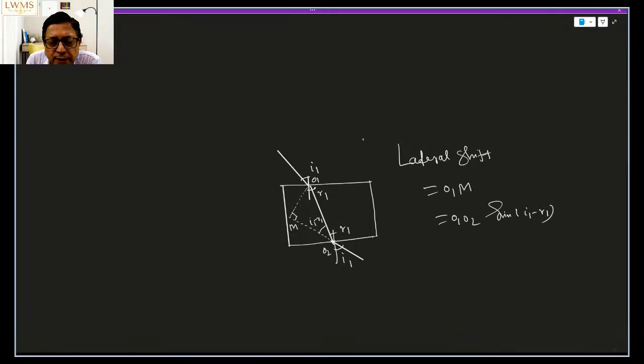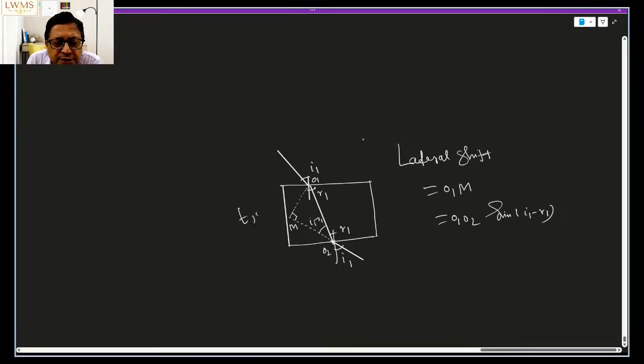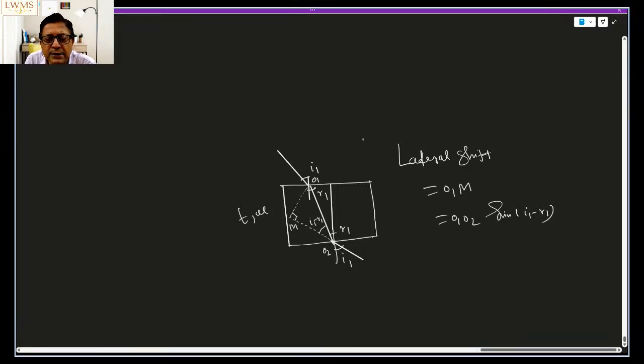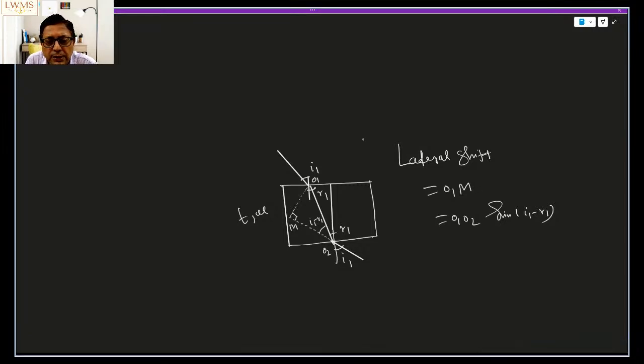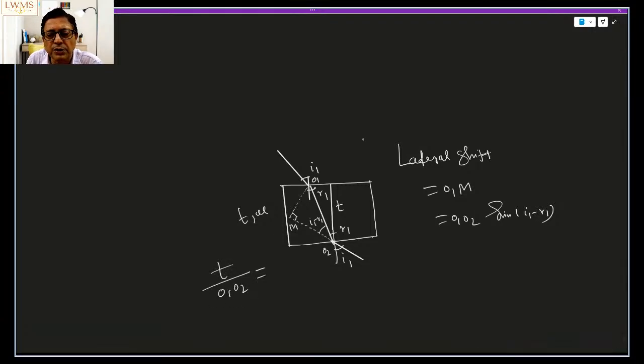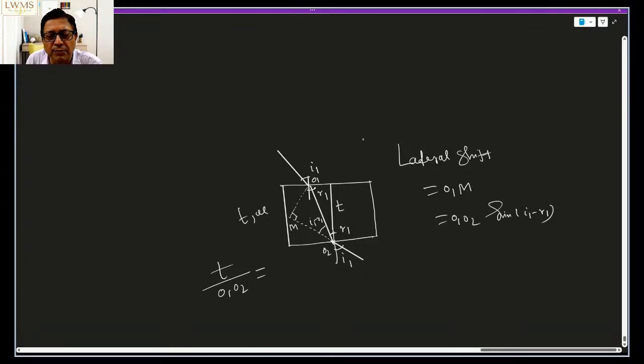Now, if the thickness of the slab is T, this O1 O2 we can express in terms of the thickness of the slab T. In this triangle, T divided by O1 O2 equals cos of this angle, which we have seen is R1.